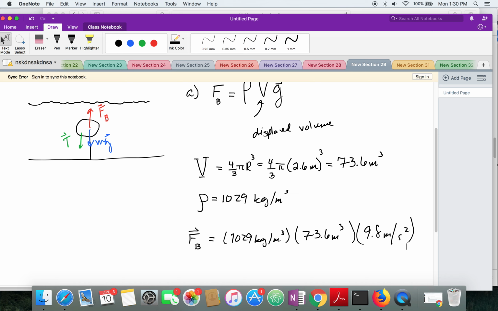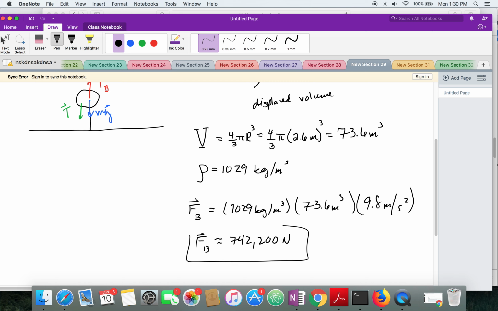So let's see what we get. 1,029 times 73.6 times 9.8, and that gives us about 742,200 approximately. So 742,200 newtons. That would be the buoyant force, F_B.